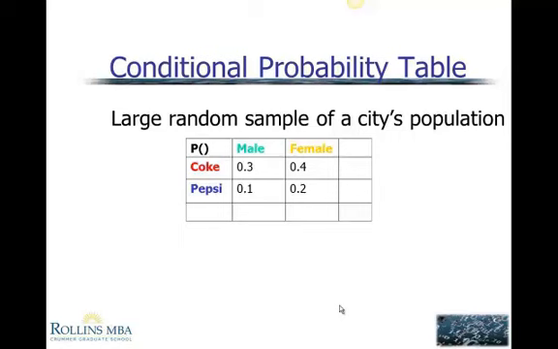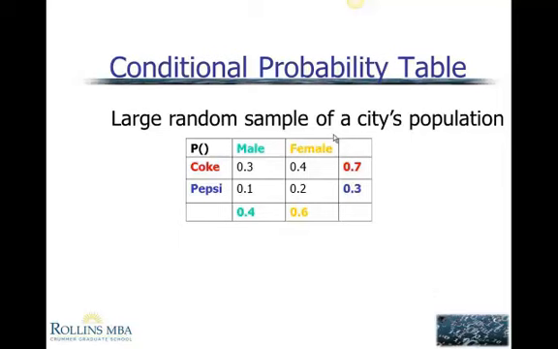What we're doing is we're counting the number of people who are male and Coca-Cola drinkers, female and Coca-Cola drinkers, male and Pepsi drinkers, female and Pepsi drinkers, and we're effectively dividing by the overall sample size. And that's going to lead us to our crosstabs or a probability table.